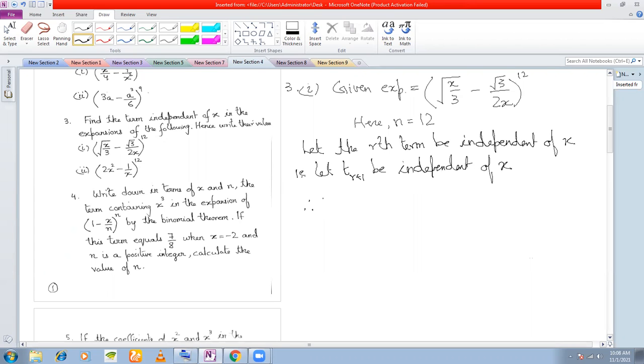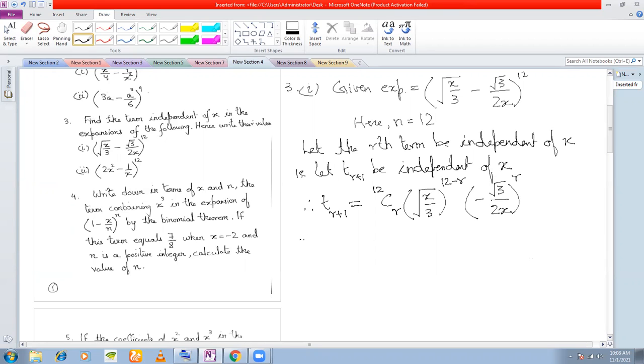So now write down the expression for the general term, T(r+1). You know that the general term of the binomial is nCr, n here is 12. C r, we don't know the value, so put the value of r as it is. a here is root x by 3 to the power of n minus r into x to the power of r. So minus root 3 by 2x to the power of r.